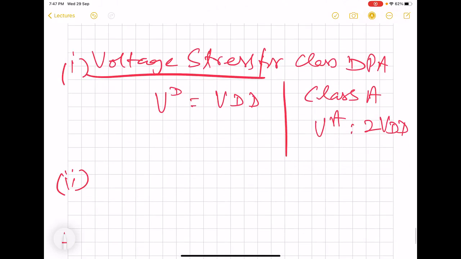Now, what about the current stress? What is the maximum current that the MOS experiences in this case, the class D amplifier?